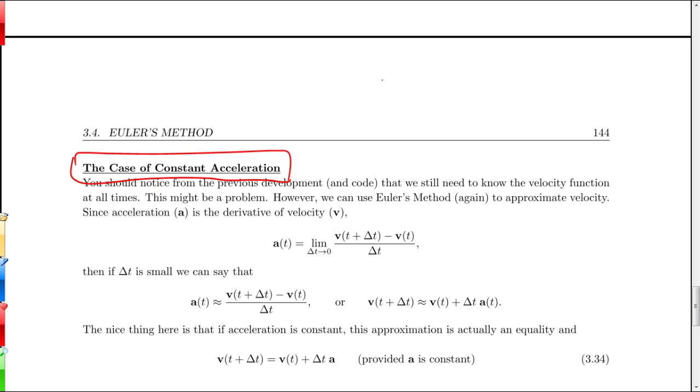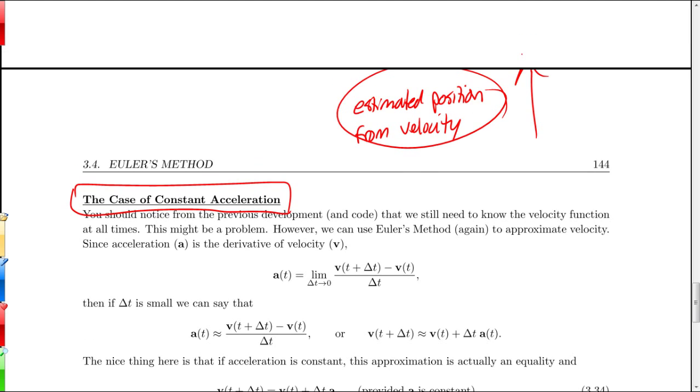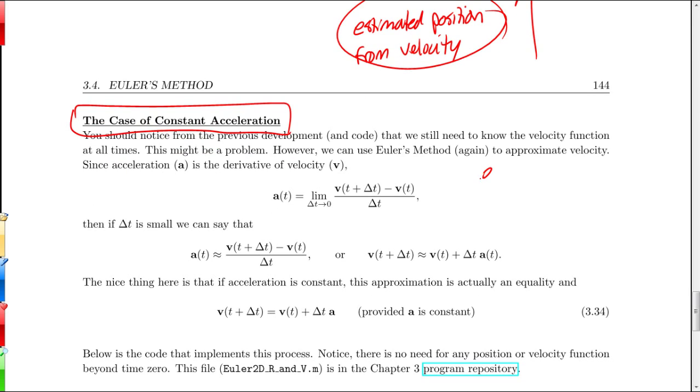With Euler's method, we estimated the position from velocity. So that's what we did up there. We estimated the position with the velocity. But now what we're going to do here is estimate the velocity from the acceleration.